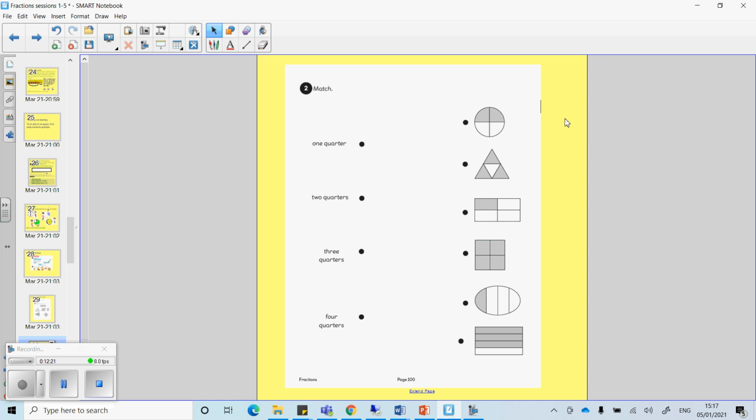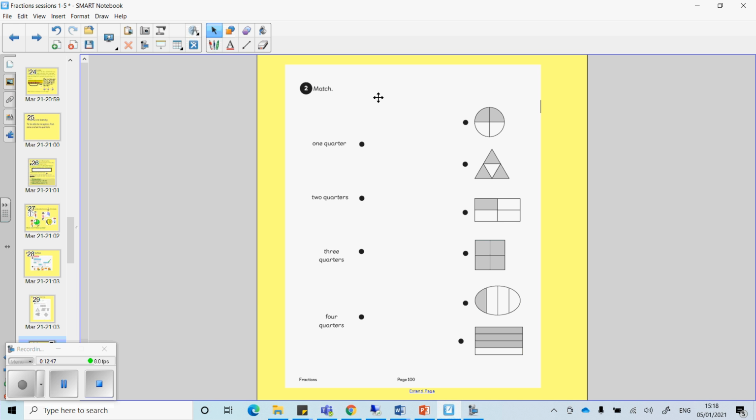Our second page today is a matching activity. So we have down our side here 1/4, 2/4, 3/4, 4/4. That's tricky because now we are using the words rather than showing the fraction as a number with our numbers.